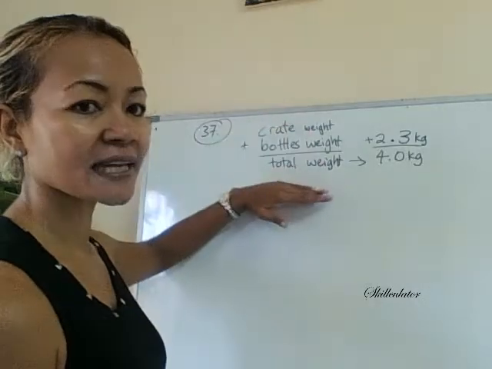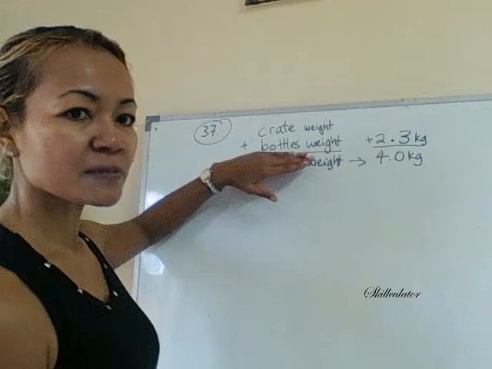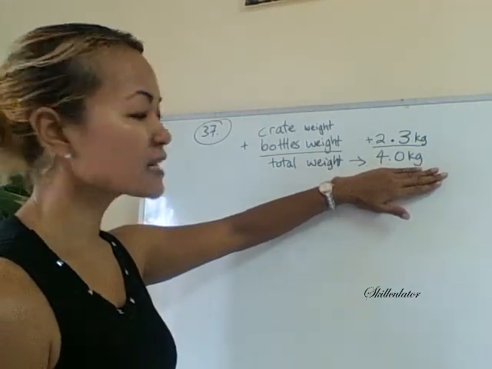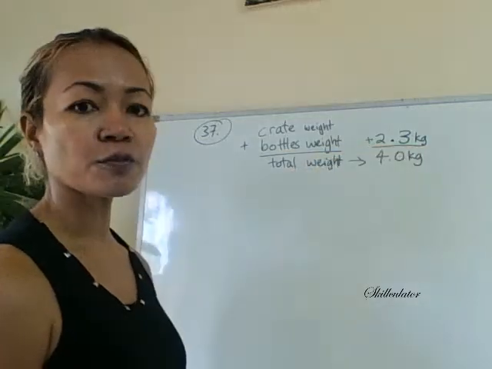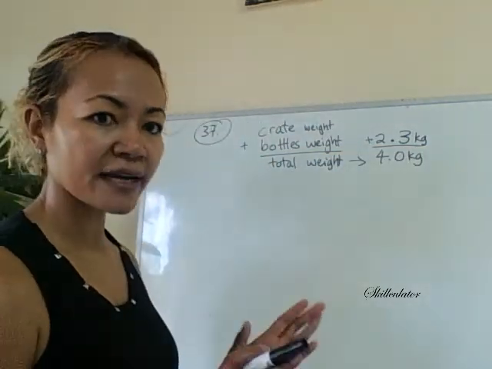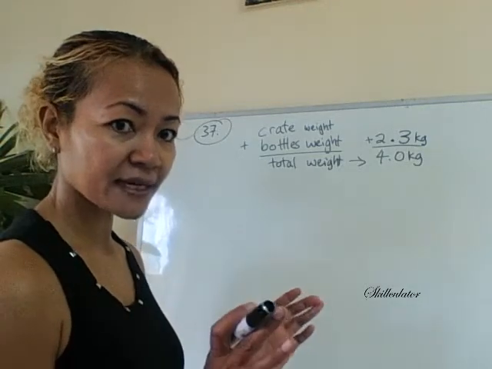Now, why I've written it like this is so that you can clearly see that crate plus bottle equals total. You're given the total weight of 4 kg. You're given the bottle weight of 2.3 kg. Now you just need to find out what is the crate weight by itself, without the bottles.